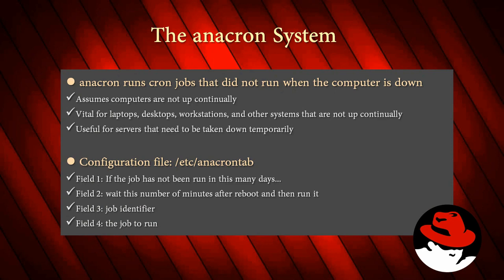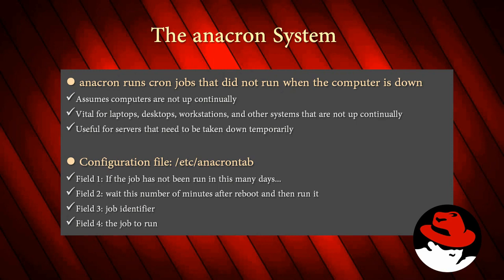Then there is another thing called the anacron system. Anacron runs the cron jobs that did not run when the computer is down. When the computer is powered on and running, the cron jobs are being executed. When the computer is off, they could not execute. The concept is simple: anacron runs the cron jobs which have been scheduled using cron for a certain date or time.